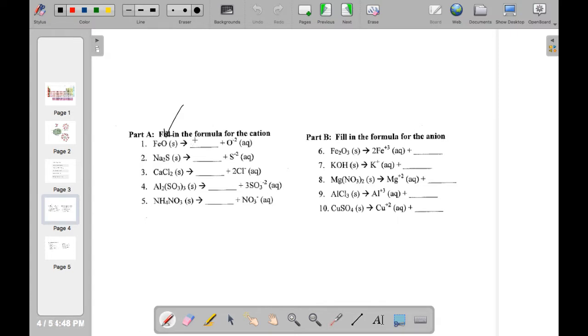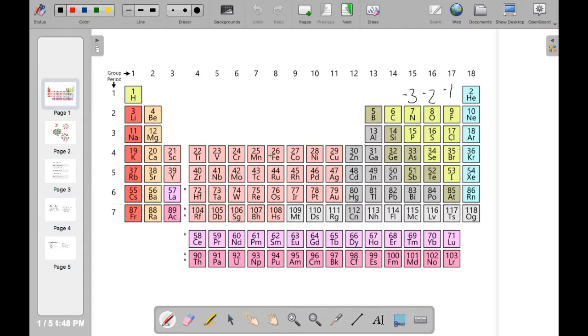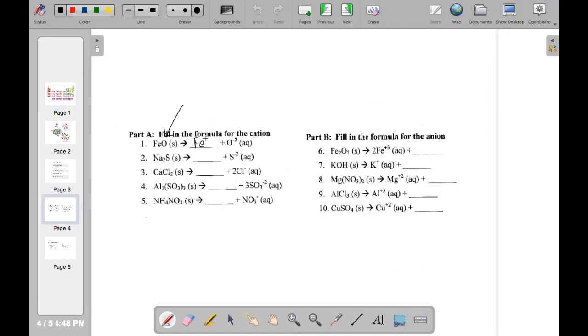And that tells me something. That tells me that that iron, which is a transition metal, right here, that iron must be a +2. And I always tell people, figure out the anion first. Figure out the anion and the charge, and then go and figure this out, because sometimes these are transition metals.